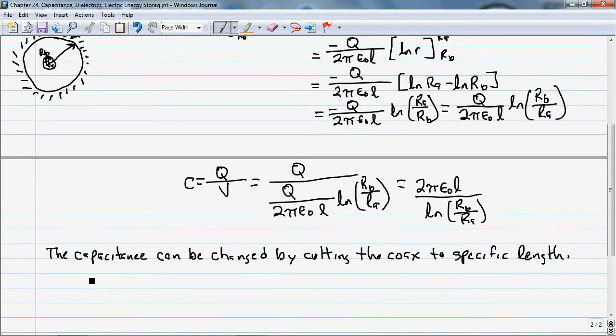So the longer the length, the greater the capacitance.